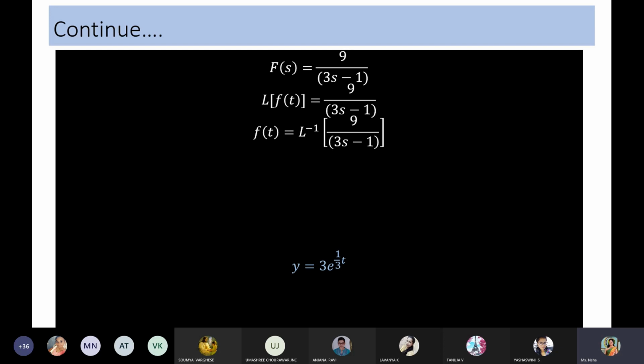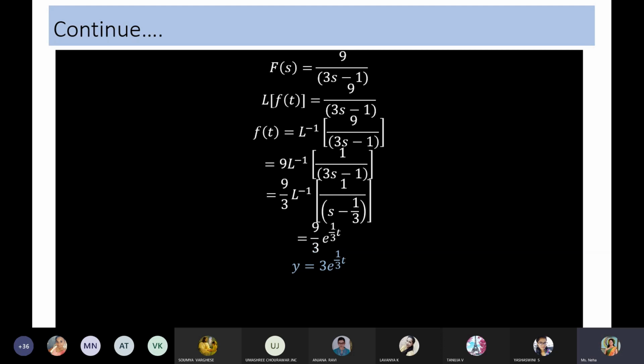Laplace inverse of 9 divided by (3s − 1). We have taken from numerator 9 common, from denominator 3 common, 1 divided by s − 1/3, which is the inverse of e to the power t/3. So 9 divided by 3 will give you 3.